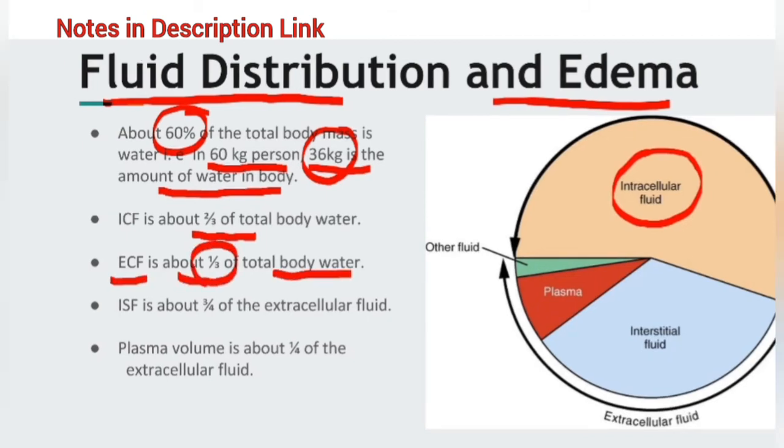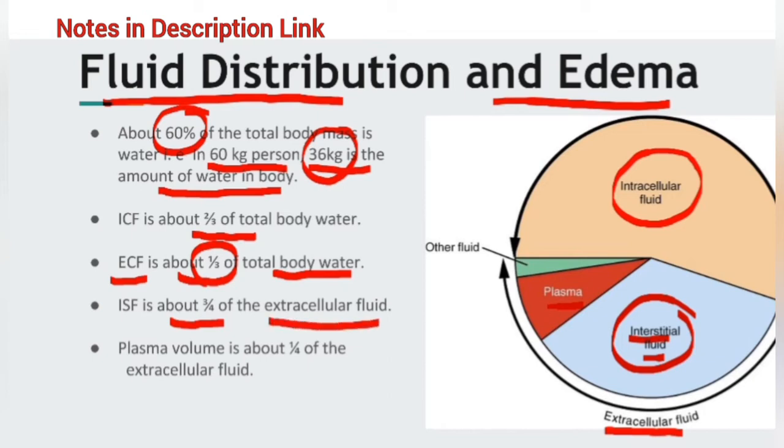Extracellular fluid contains the interstitial fluid and plasma and some cation and anion, in which the interstitial fluid consists of 3/4 of the extracellular fluid, and the plasma fluid is about 1/4 of the extracellular fluid.